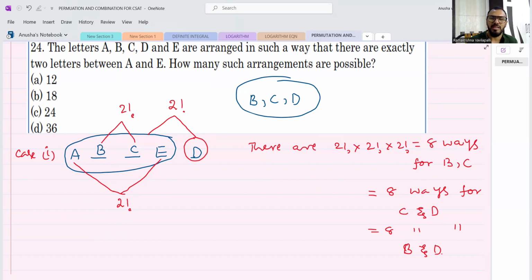There are totally 3 possible cases. In each case, we have 8 ways.